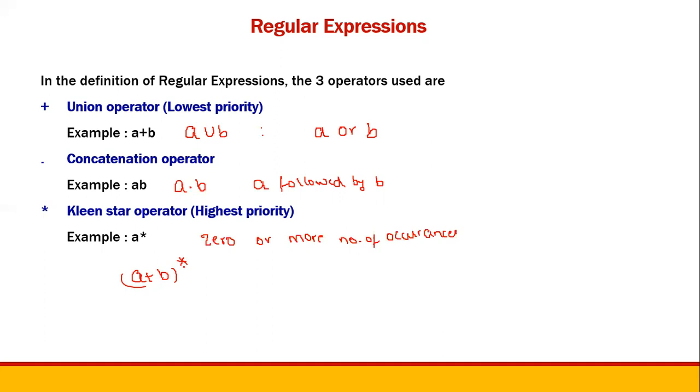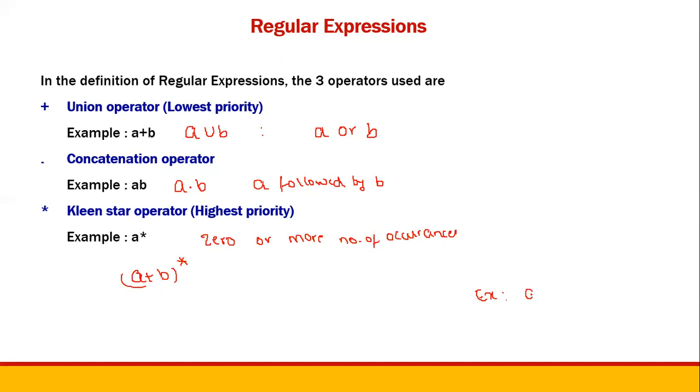So these are the three operators which we should be knowing while converting regular expression to FSM and FSM to regular expression. Also we should be very clear about the priorities here. Let's say I'm giving one example, I'm just talking about the precedence now.